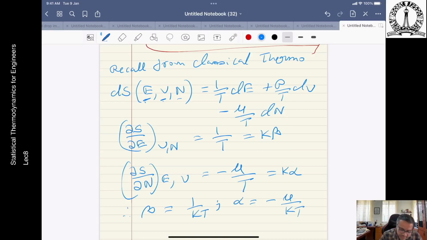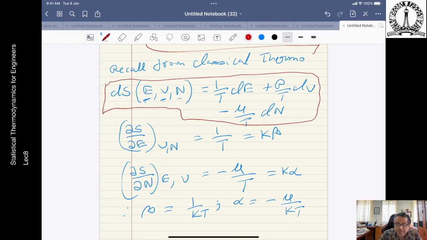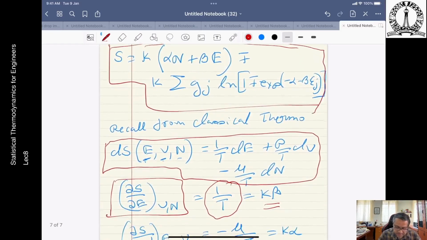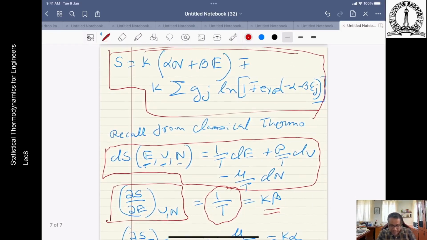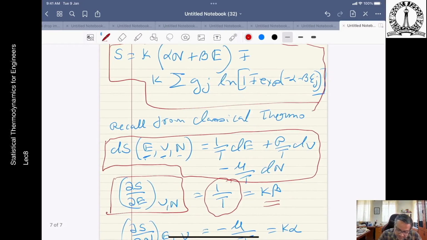You see what we have done over here: we have taken the macro equilibrium definition of entropy, and then once you differentiate it with respect to E, keeping the other two constant, you get 1 over T, and this should be your K beta to begin with, right?